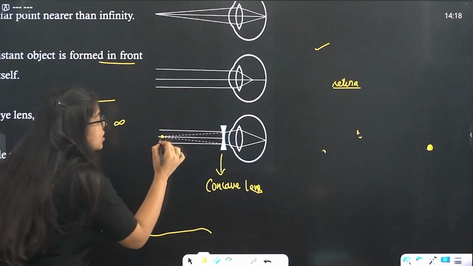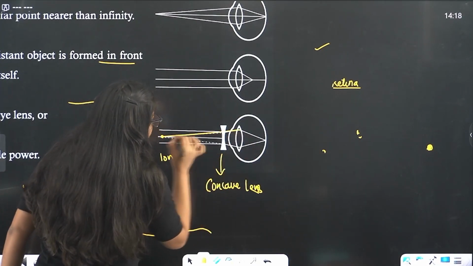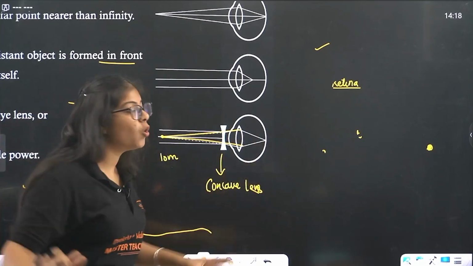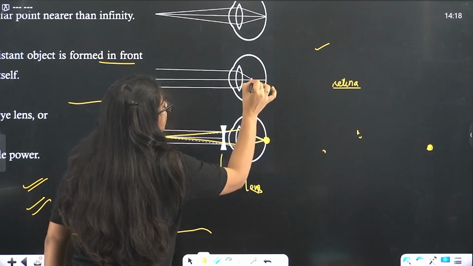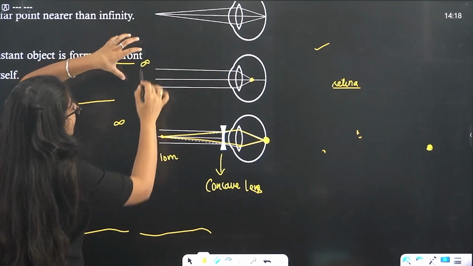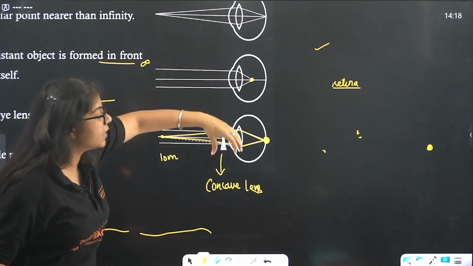Now from this 10 meter, the rays will go directly into my eye lens. And now my eye lens can converge fine. Now my eye lens will converge the rays directly on the retina, not in front of the retina. The rays coming from infinity were getting converged in front of the retina. So we did what? We inserted a concave lens.